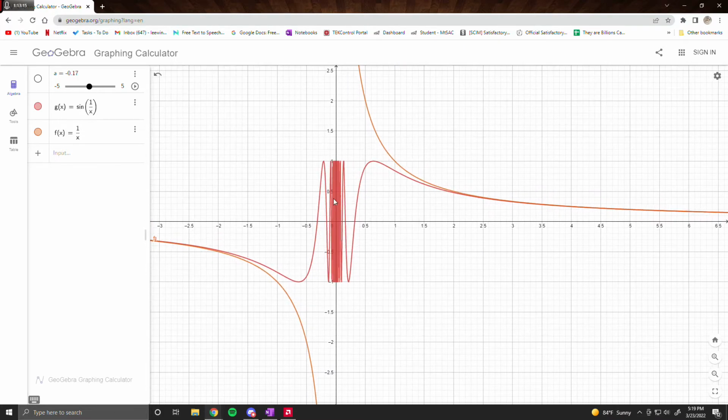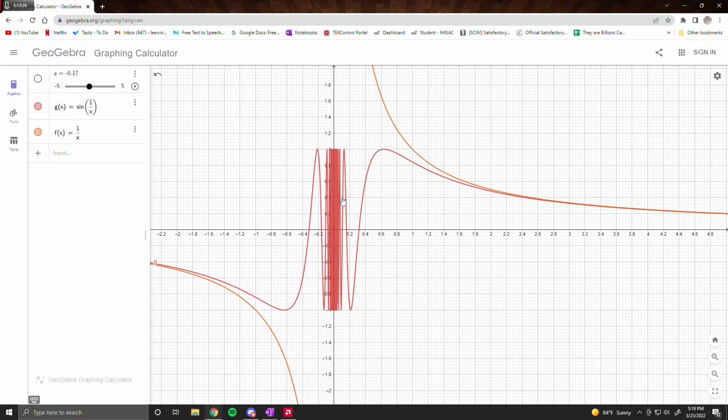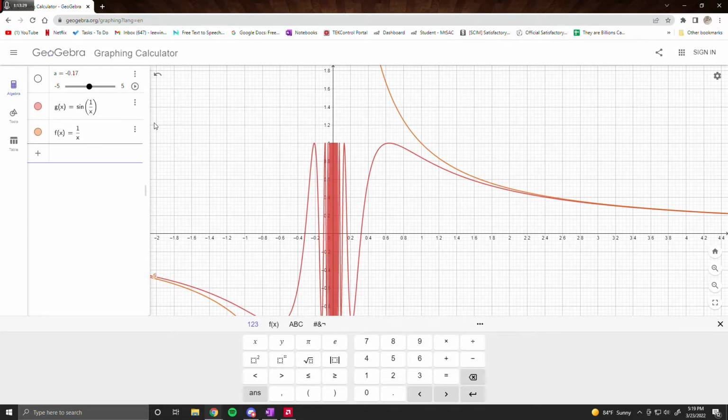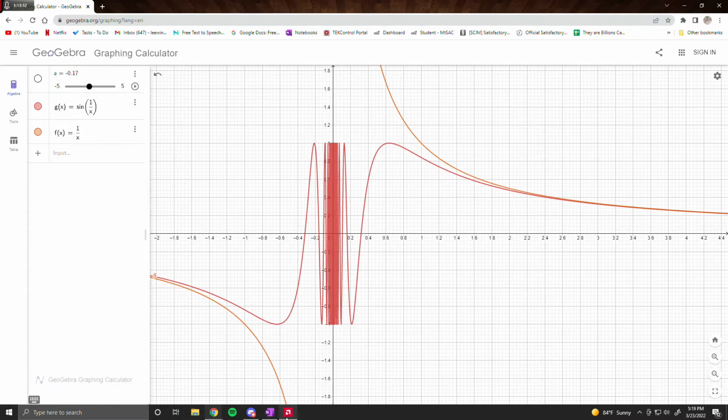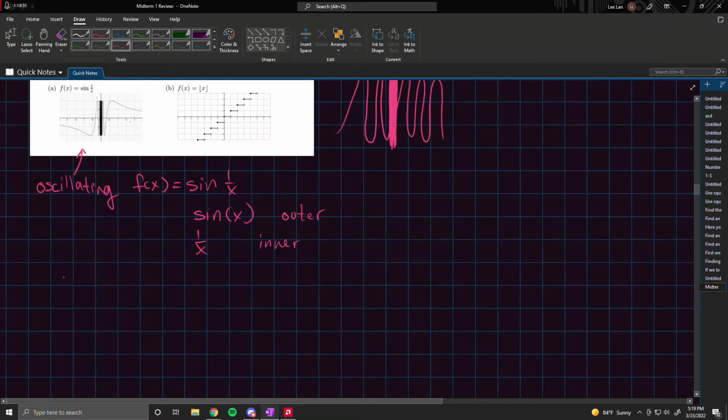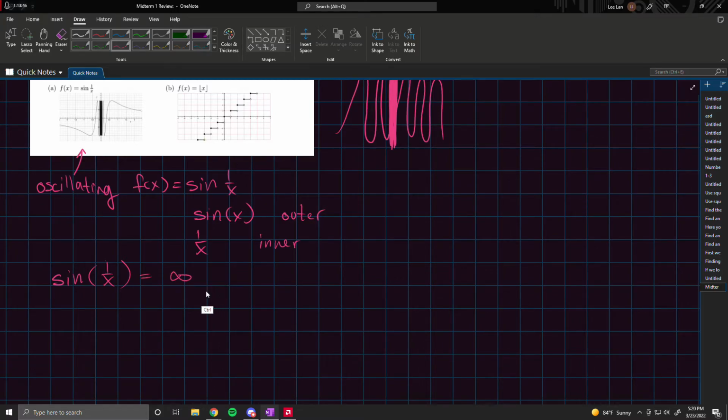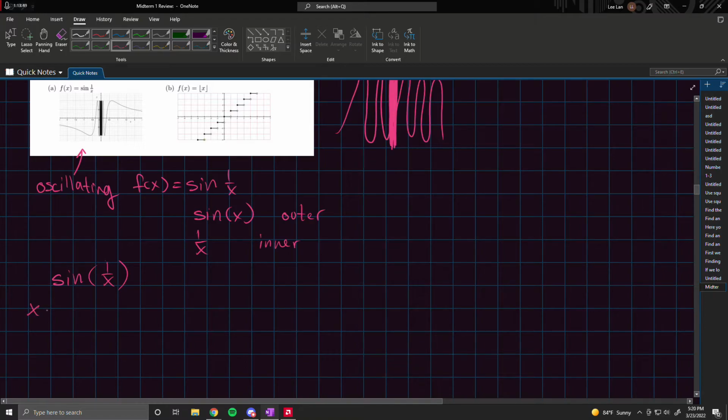And if I plug in numbers that change really rapidly, I should get a very, very squished graph of sine. And at the extreme, sine of 1 over x, where x approaches 0, is kind of similar to sine of a large number.